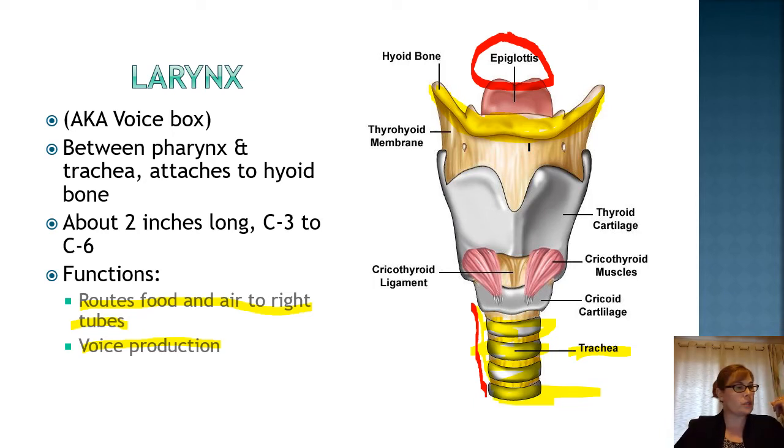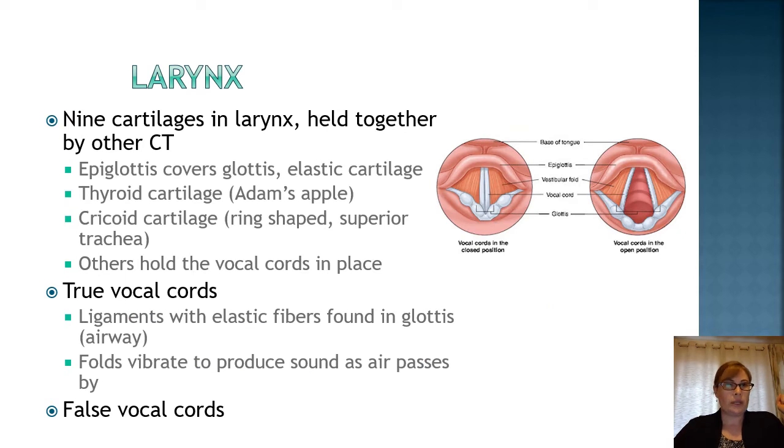So let's go forward a little bit. We'll talk about the structure of the larynx a little bit more. This is page 825. Here's our larynx. There are 9 cartilages in the larynx. I wish I could enlarge this for you, but this program isn't letting me right now.